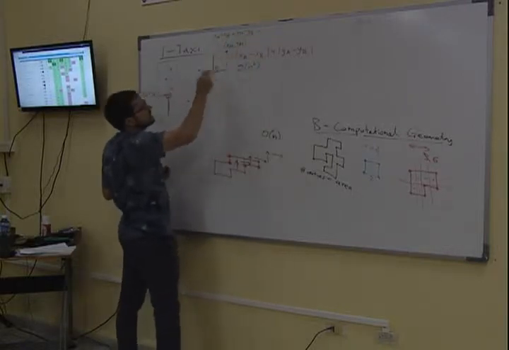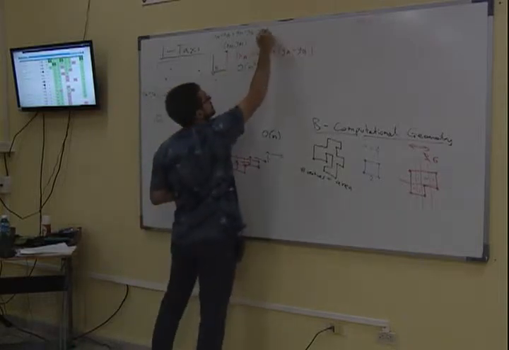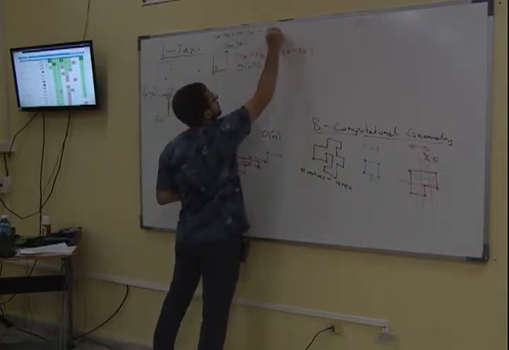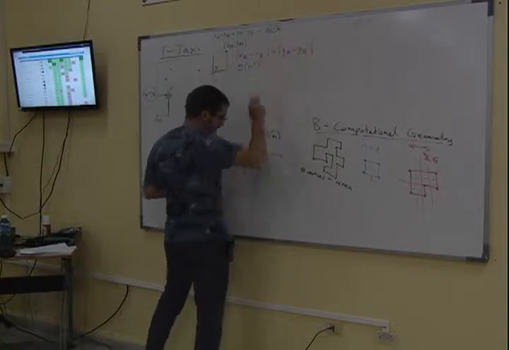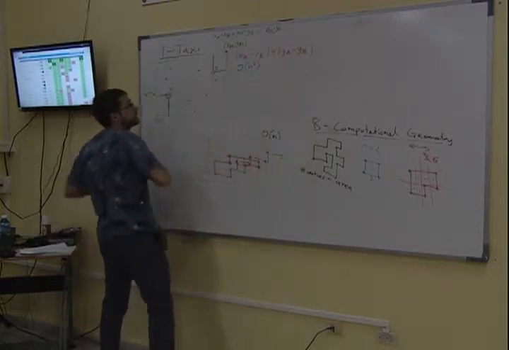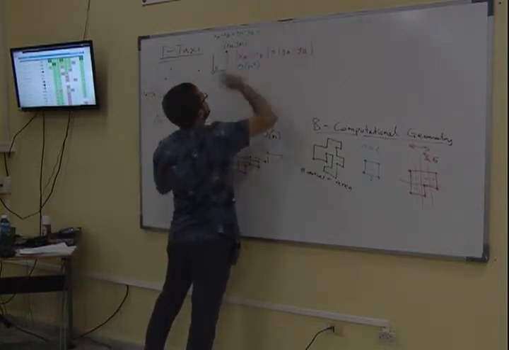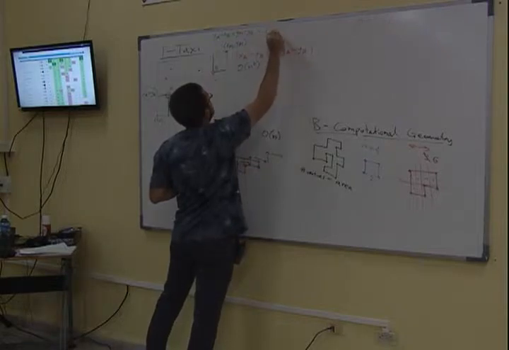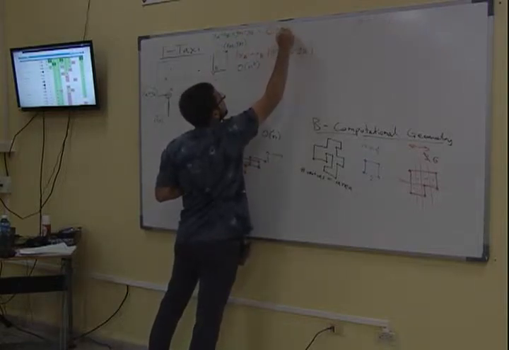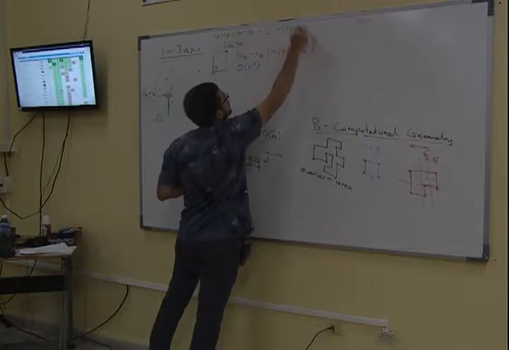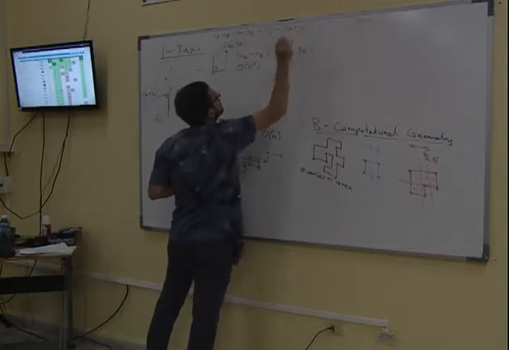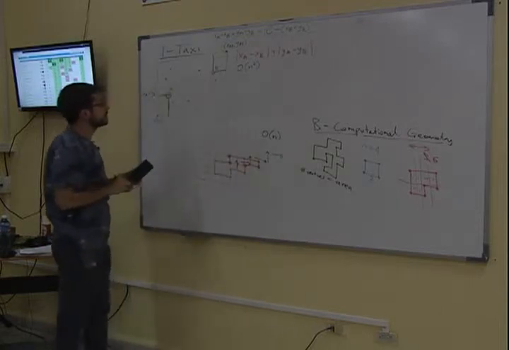But xm and ym are constant, so it's basically xm plus ym. So this is some constant, so I will just write it as some constant c minus xb plus yb. All right?